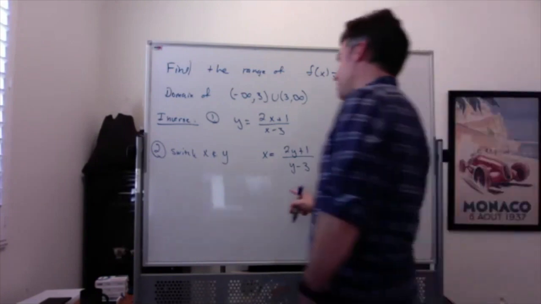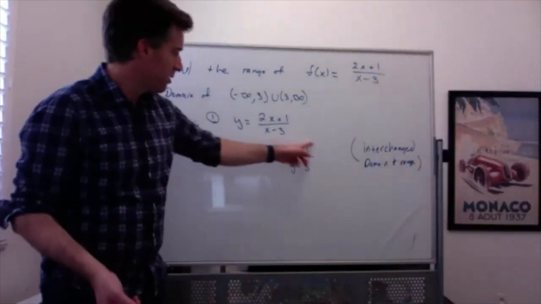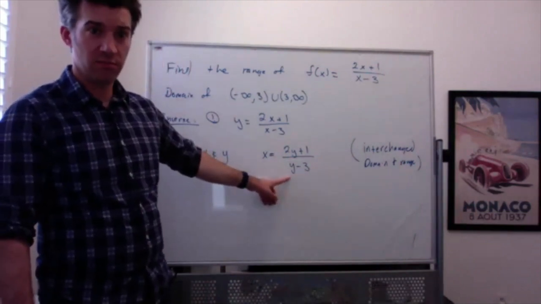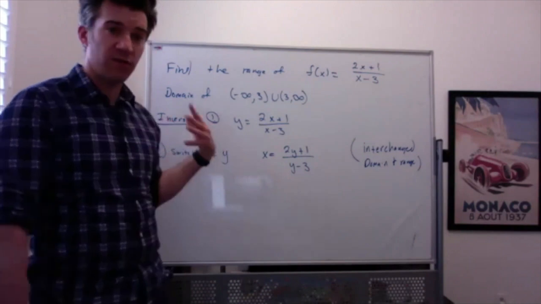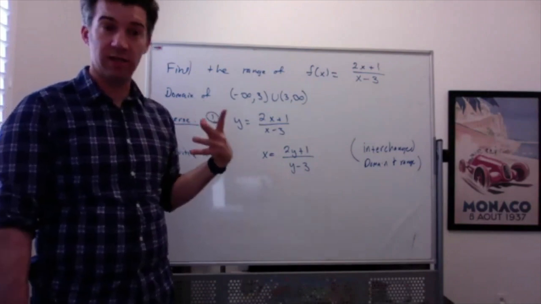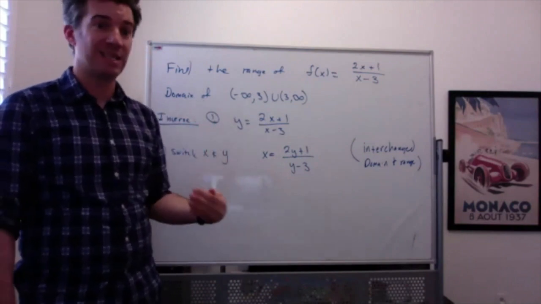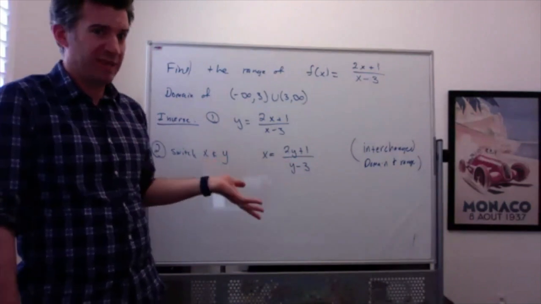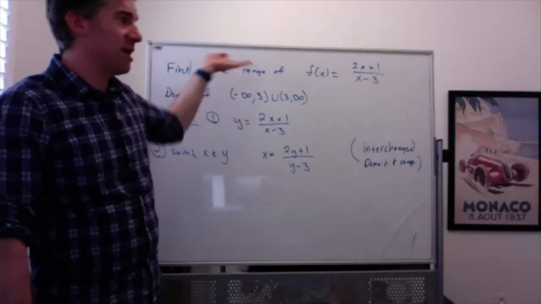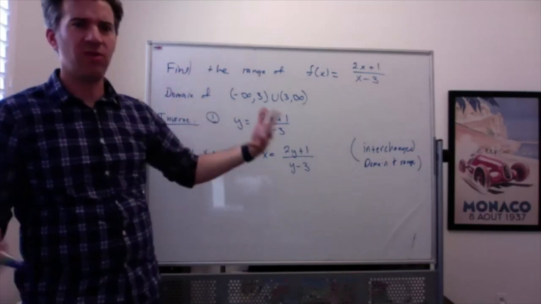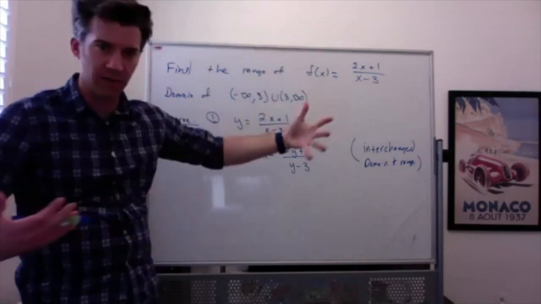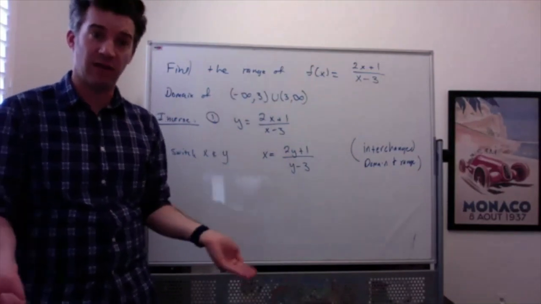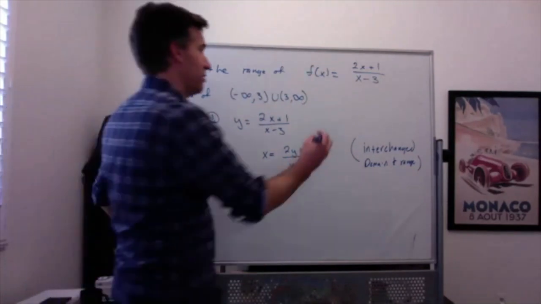Here it's already pretty clear that y can't be 3. So this inverse function that I'm about to find, whatever it is, I already know that 3 isn't in the range of this inverse function, which makes sense because 3 wasn't in the domain of the original function. So what I'm really circling around here is that the domain of f is the same as the range of f inverse and vice versa.